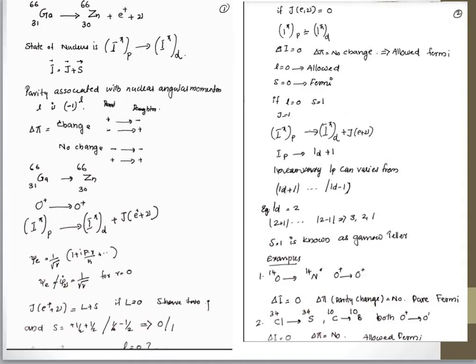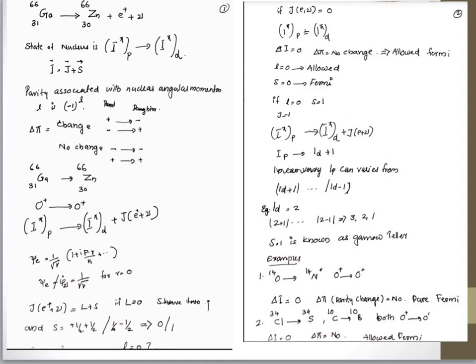So we are taking the wave function at the origin. The electron and electron neutrino are created at the center of the parent nucleus, and from the center they are coming out. From that expression we can understand that we are taking the wave function at the origin.